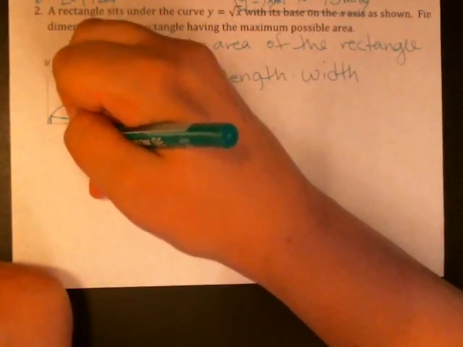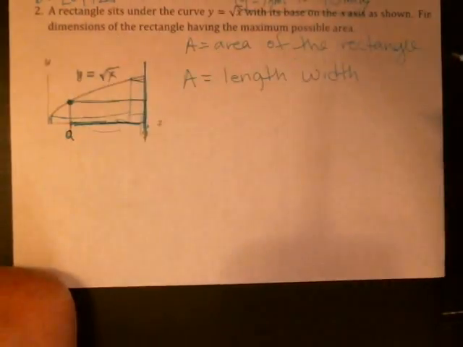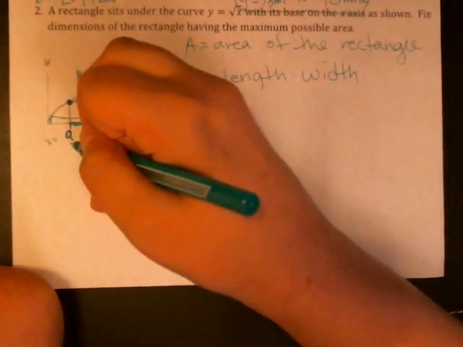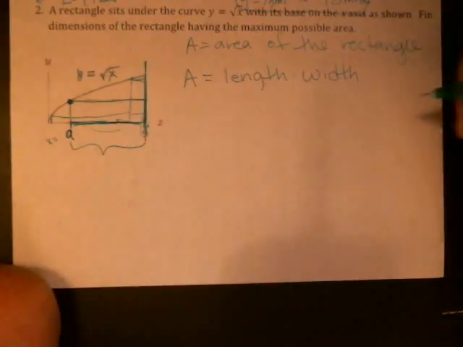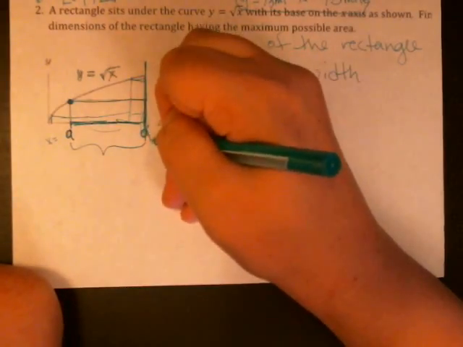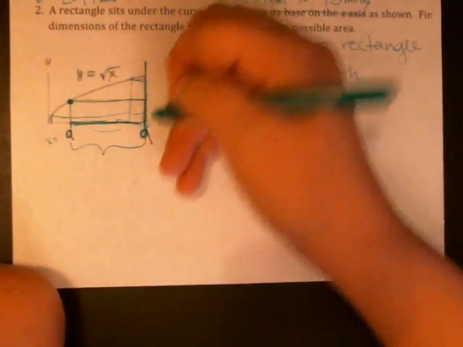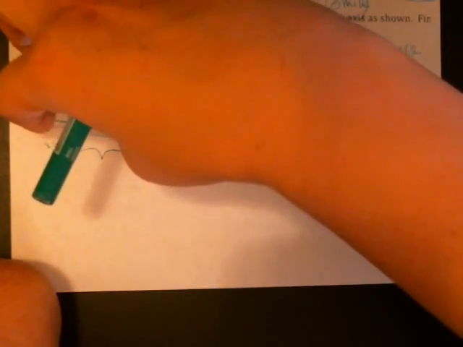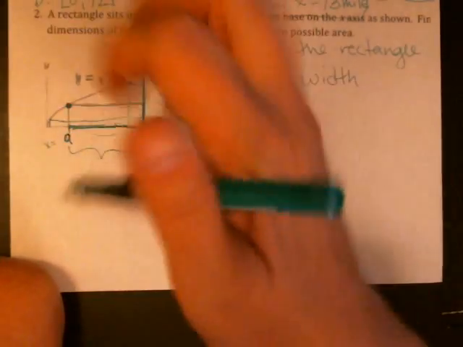This is actually given for us in the picture as well, that the left-hand corner is at x equals a. So if we want the base of the rectangle, we actually have all the info we need. One corner of the bottom is at 9, and the other corner is at a. So if we want to know the difference of those two, it's 9 minus a.